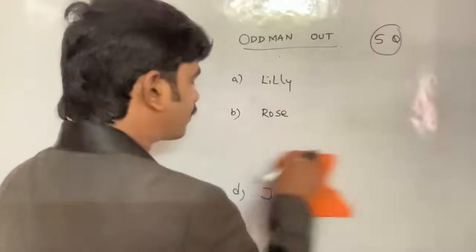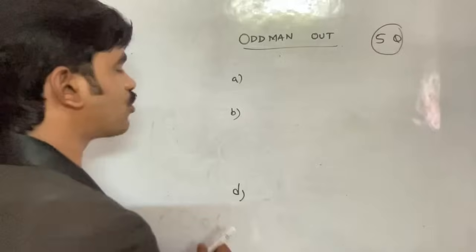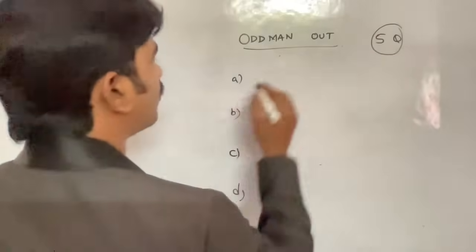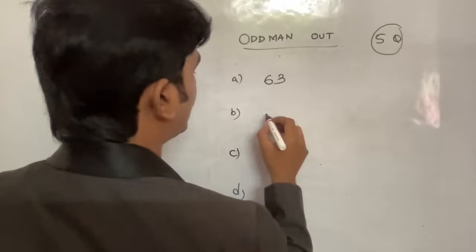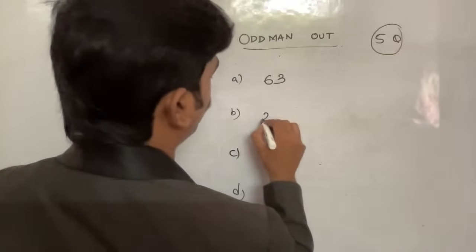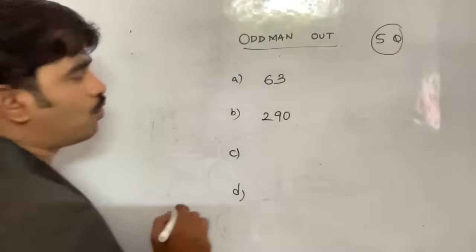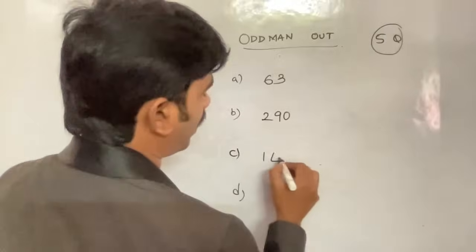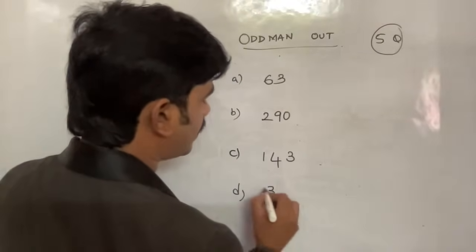Similarly, in odd man out, for example, if I see any question which is based on numbers, let's assume that the question is given like this: 63, 290, 143, 399.